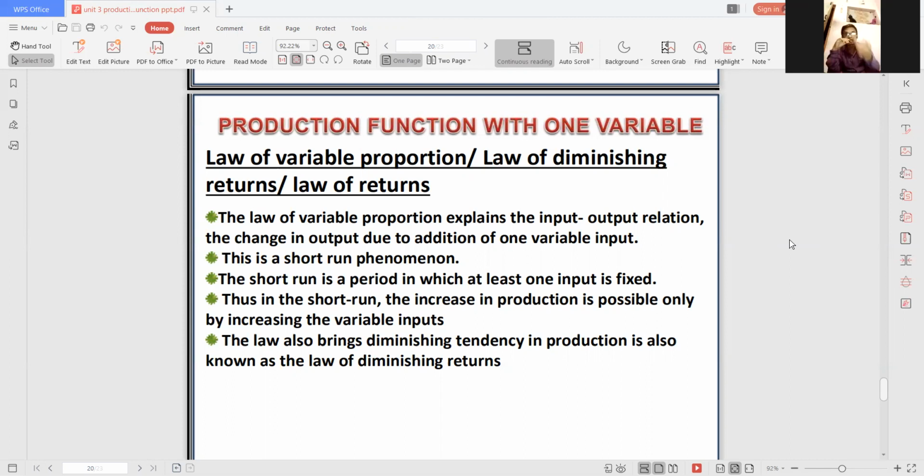At that time the production will fall. So here one input factor should be kept constant and the other input factor increased. At that time it is not possible to expect an increase in the output. After a certain level the production may be at a stagnant, mature level, then again it will go to a downfall. Next slide.